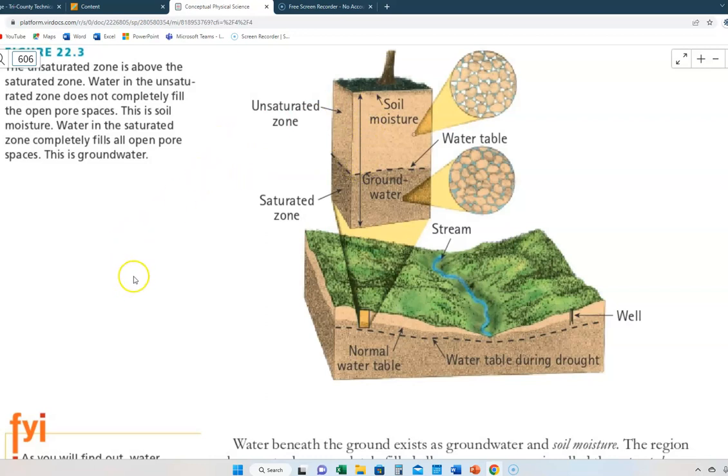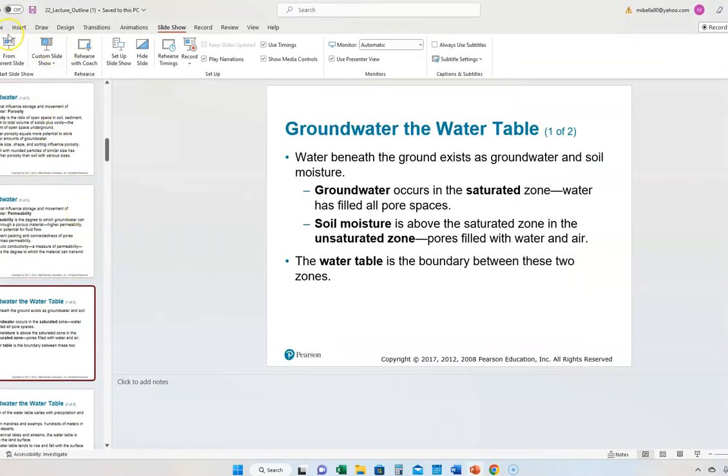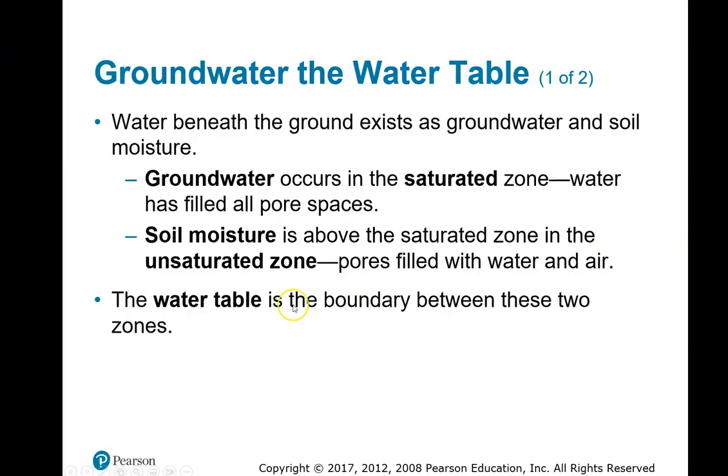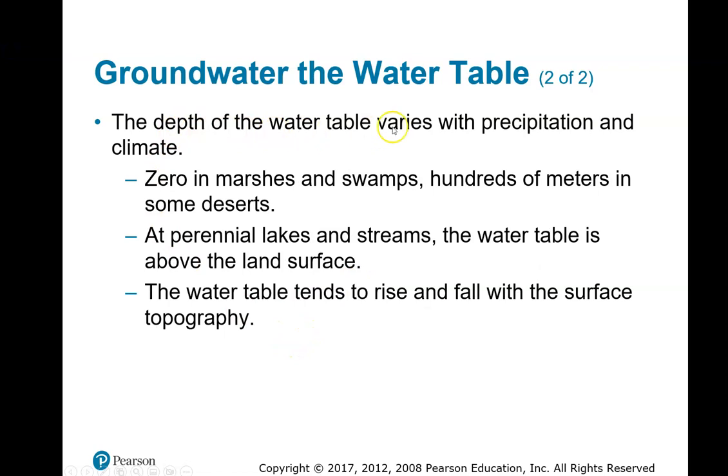All right, so let's go back to our PowerPoint. I think it's better to look at a picture of that to see what the water table is all about. The depth of the water table varies with precipitation and climate. A zero water table would be like a marsh or a swampy area, where you have the water sitting right there on top.